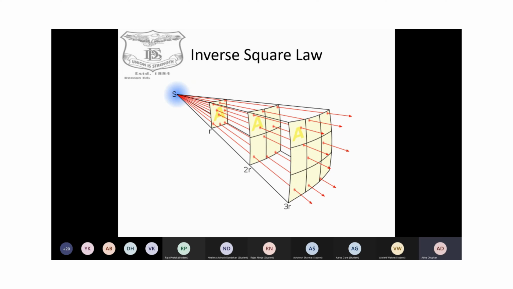Everyone clear with this? Understood this concept? So your intensity is going to vary according to the square of the distance between the point source and the surface, the distance that the rays travel.